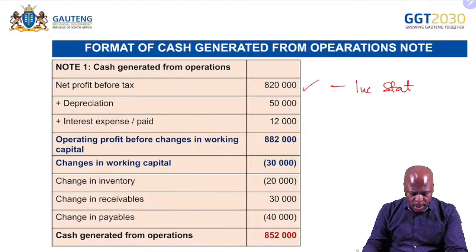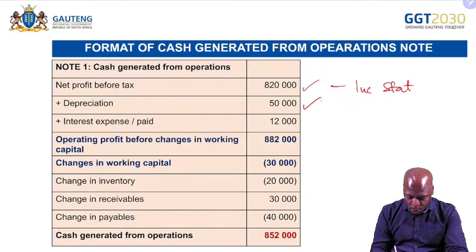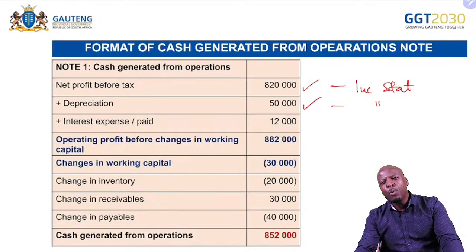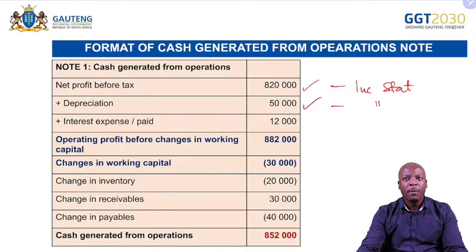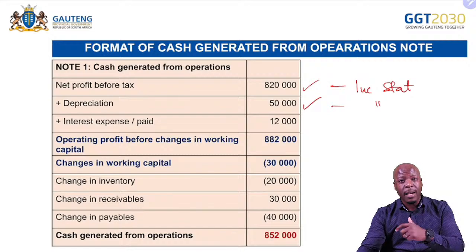And then the next thing we do is we add back depreciation. This also is coming from your income statement. You would remember that in accounting we have cash items and non-cash items.